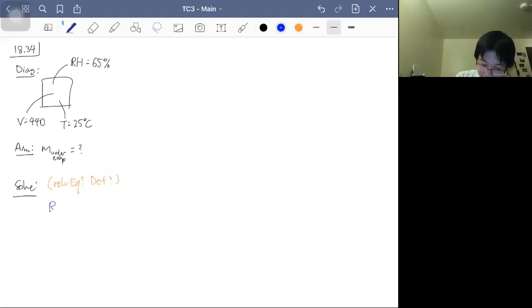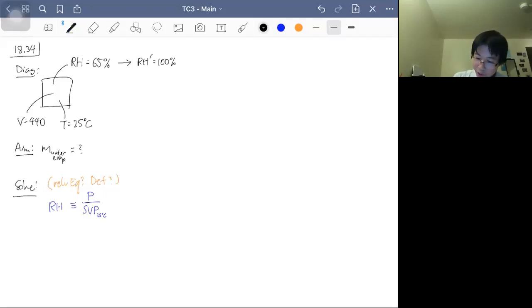Relative humidity by definition is the ratio between the pressure and the saturated vapor pressure at that temperature. If you ask how much water you can evaporate, you have before and after. After you evaporate, you want the new relative humidity to be 100%.